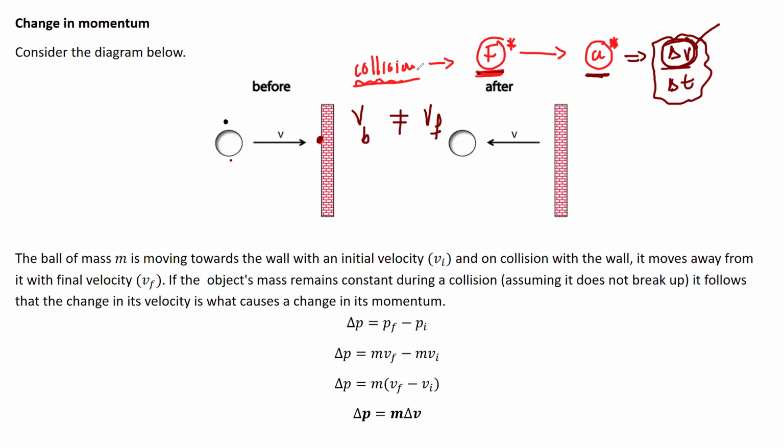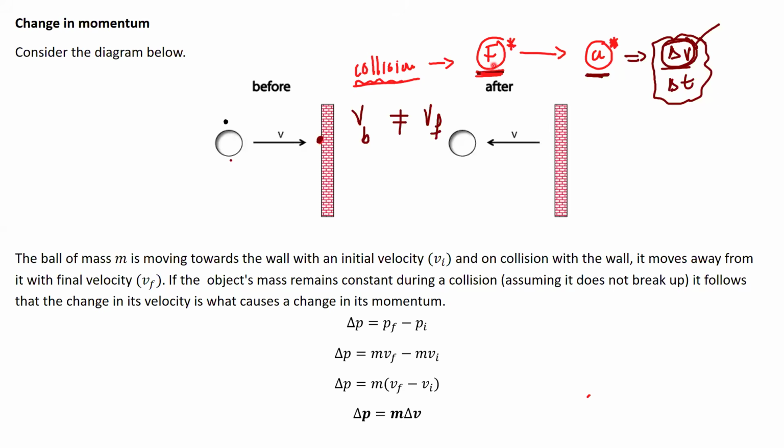Help us to understand this physics right here. Listen to me. I'm saying to you, where is the ball going? Towards the wall. What's going to happen between the ball and the wall? There's going to be a collision. And the collision, according to Newton's third law, gives or brings about a force.